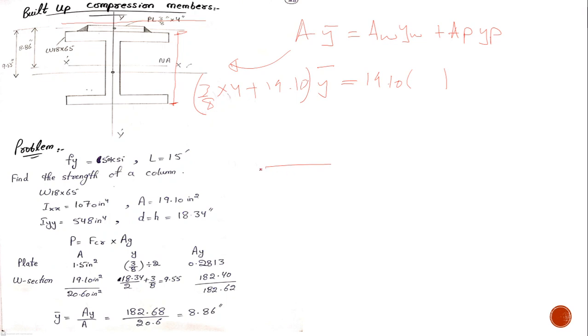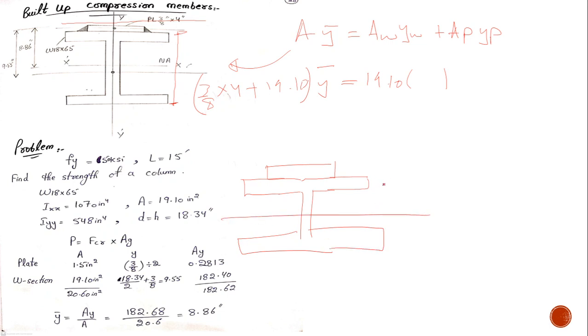It's very easy, and you should recall your basic knowledge of PSC. I'm going into detail, but I should not. So the thing is, I have this 18.34 inches. The problem is I have to find this centroid. So I have selected this top fiber.